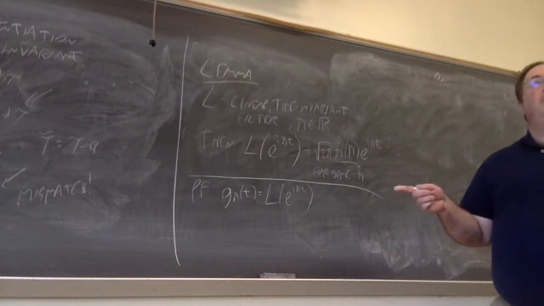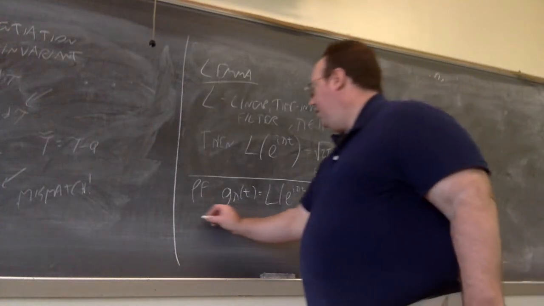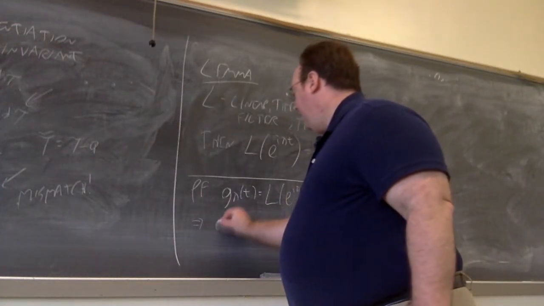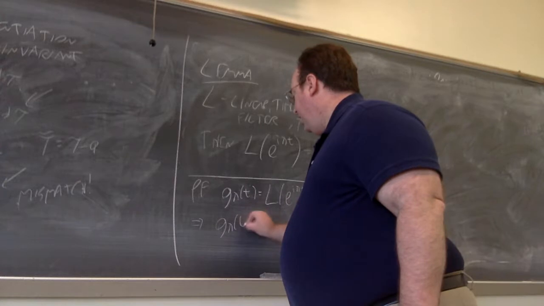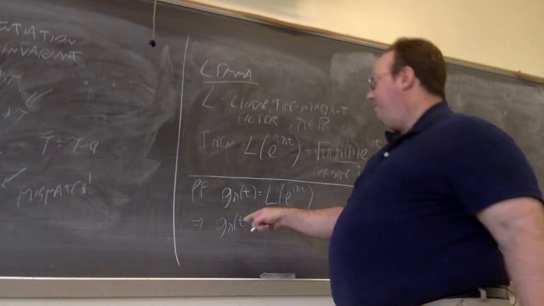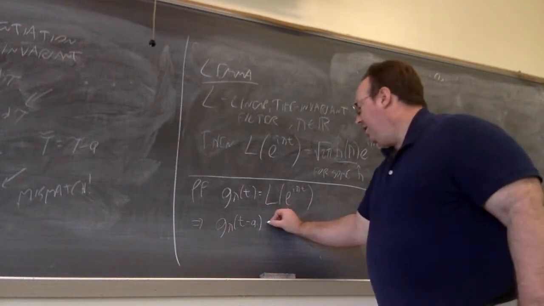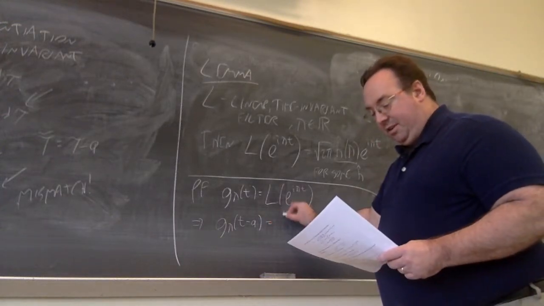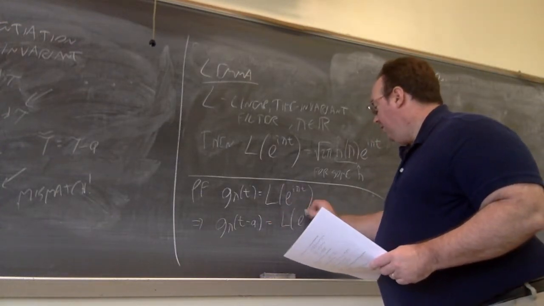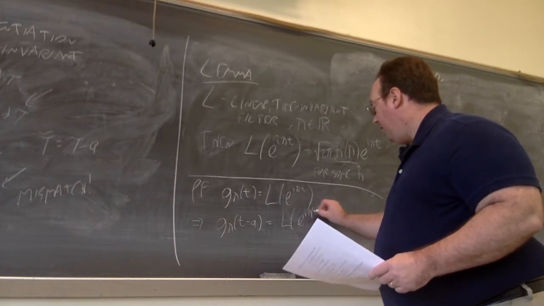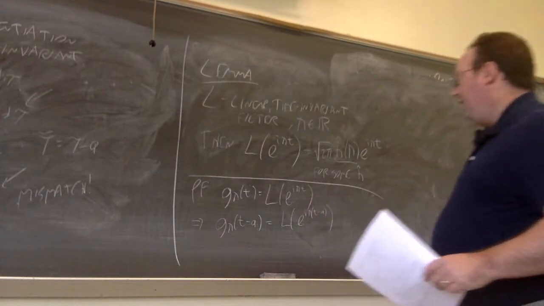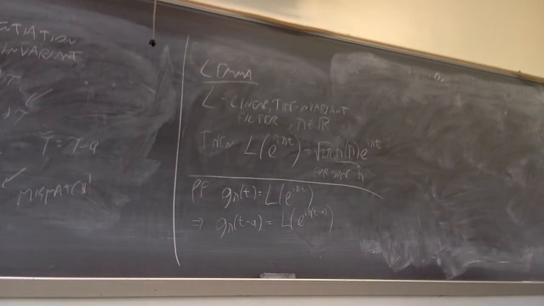We need to make use of that. So I can say that this function shifted, so here it's filter then shift, is equal to what you get if you shift then filter, so e to the I lambda t minus a. Okay. All right.